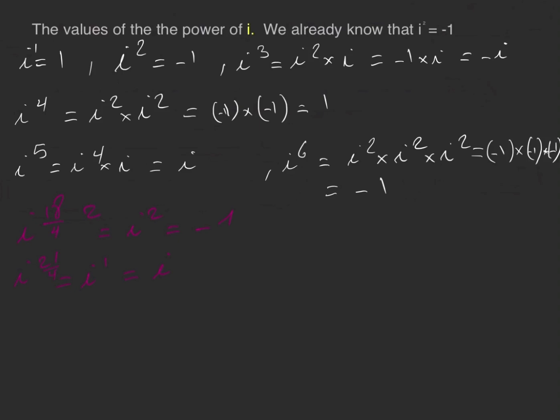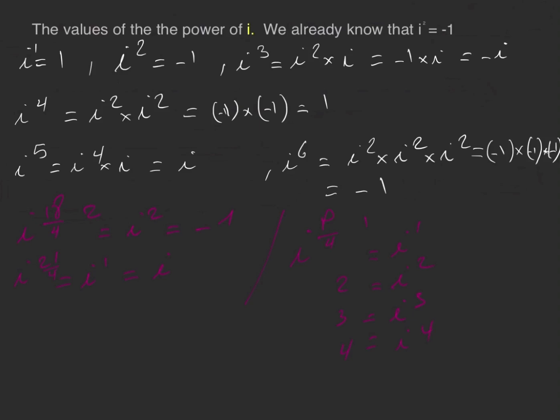So this is the formula. If we have i to a power, just divide the power by 4 and look at the remainder between 1, 2, 3 and 4, and it will be the same answer as that remainder. If we have remainder 1, it is equal to i to the first, if we have remainder 2 it is equal to i squared, if we have 3 it is equal to i to the third, if we have 4 it is equal to i to the fourth.